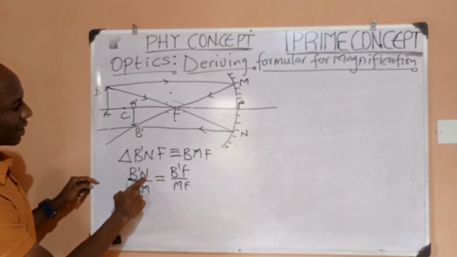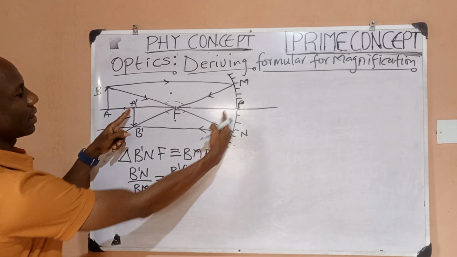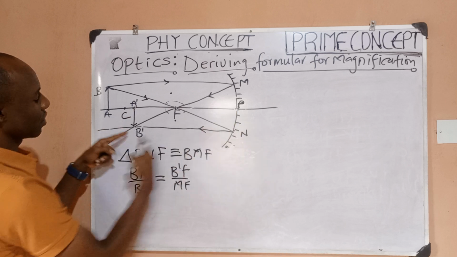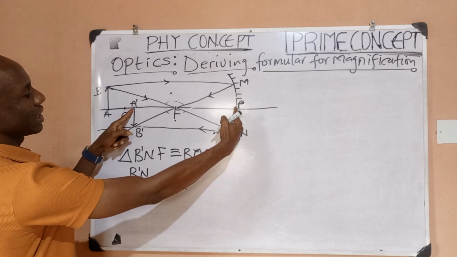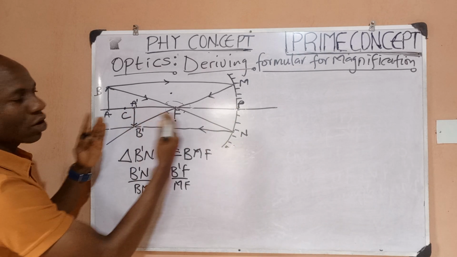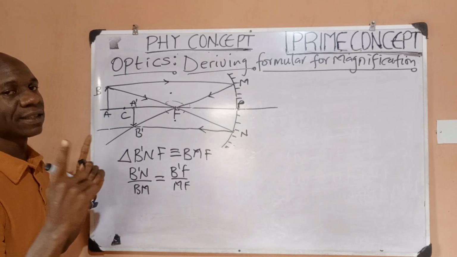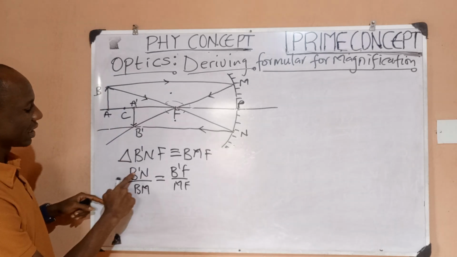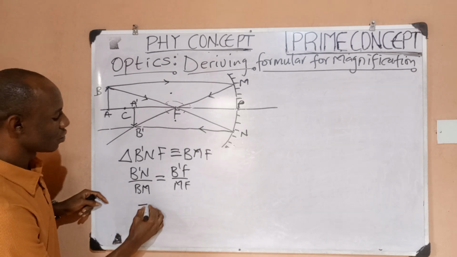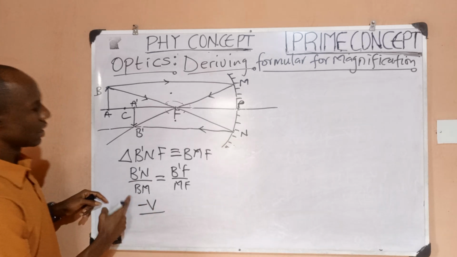B prime N is the same as the image distance, because this is our image. Because our image is located on the left-hand side of our Cartesian system, the image distance B prime N is going to be negative v.